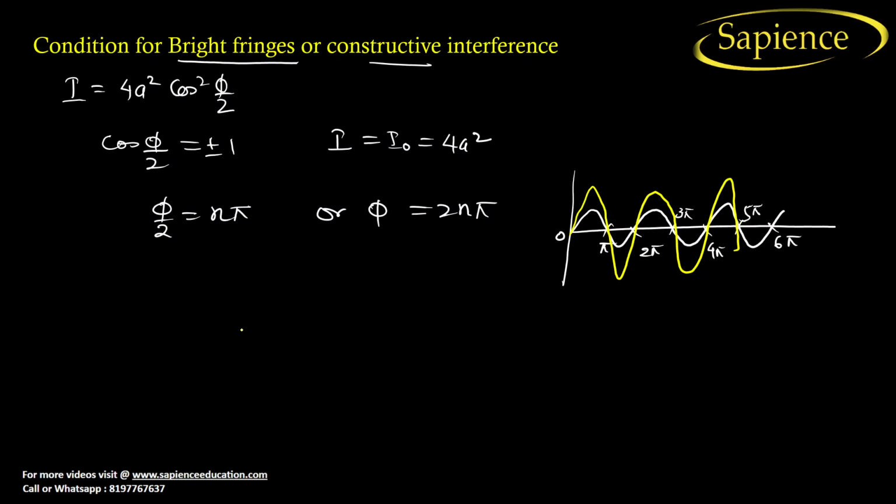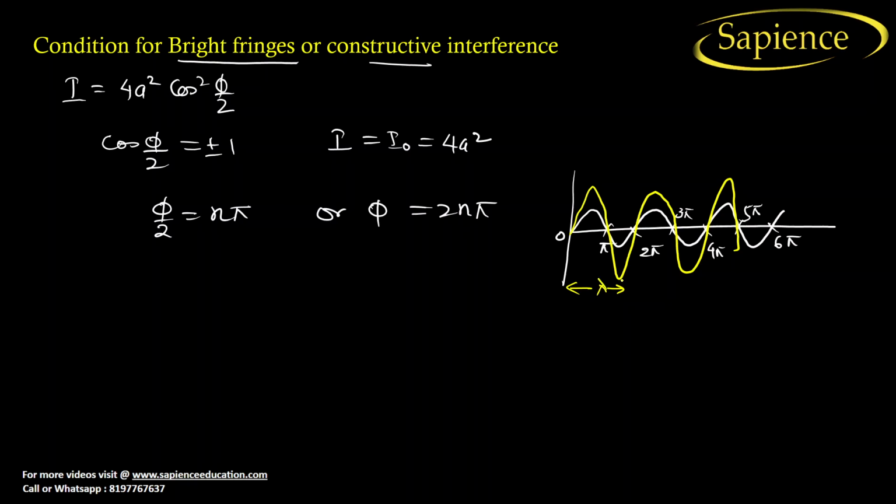Now when we observe this, we have seen that the path difference will be lambda. Let us consider the wavelength of this is lambda.